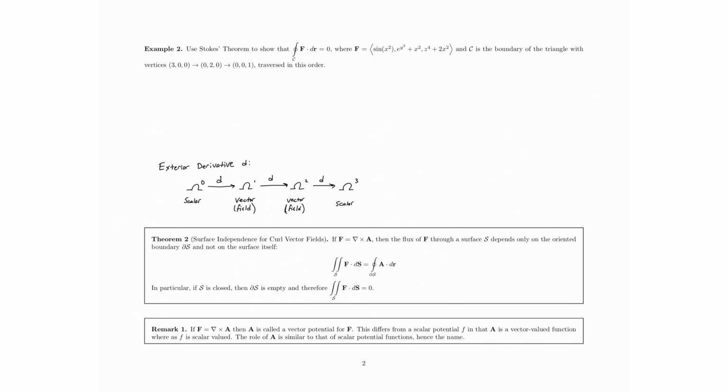So what is this operation? It's the same function, just applied in different ways. Well, what we end up finding here is that there is this correspondence where there is, what we teach you is the gradient. And then we teach you that there is this thing called the curl.